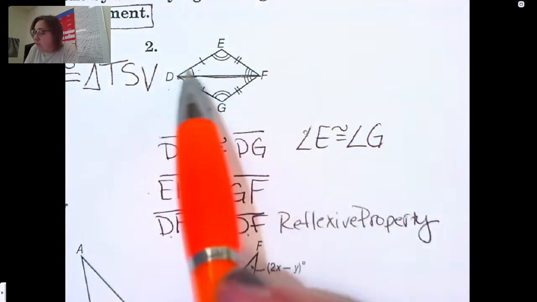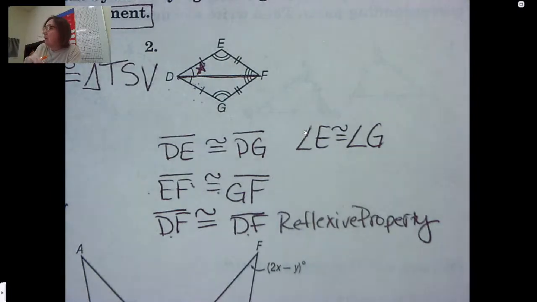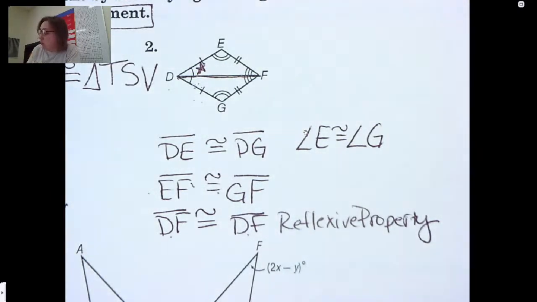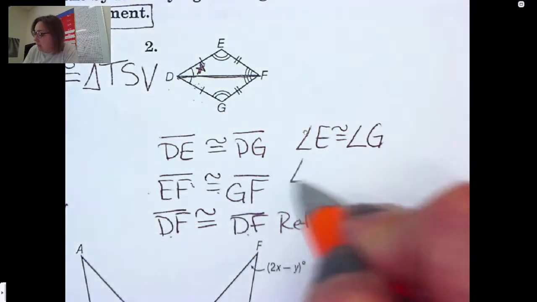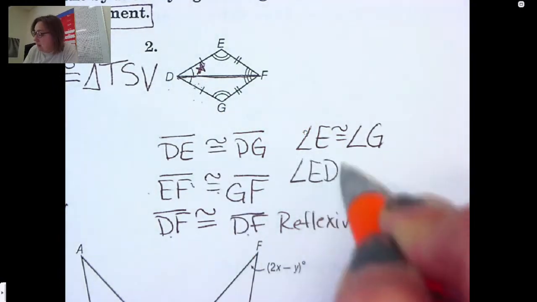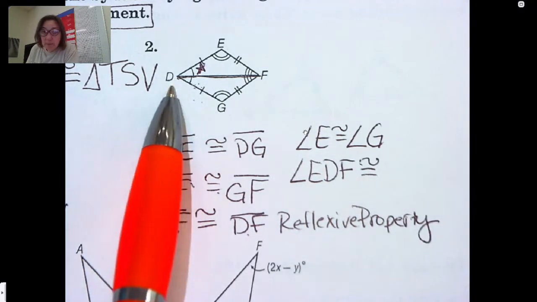So if we're going to name this angle right here, once again, let's do it alphabetically, but the D has to be in the middle, right? So we would say EDF, right? Angle EDF. And it's going to be congruent to... and then we're going to name this one. Now, this one we're not going to worry about if it's alphabetical or not.